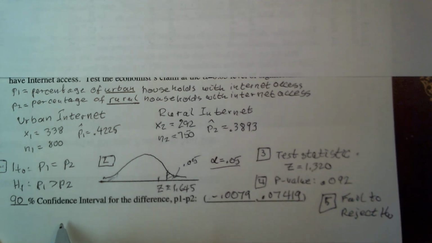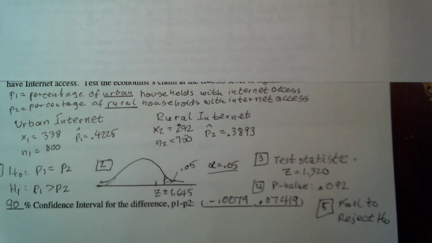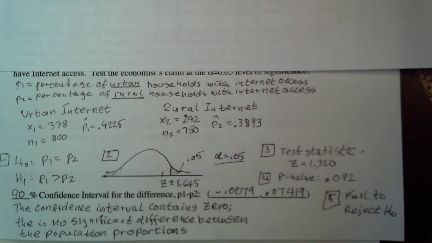And because the confidence interval contains 0, we conclude there's no significant difference between the two population proportions. Again, that leads to us failing to reject the null hypothesis.